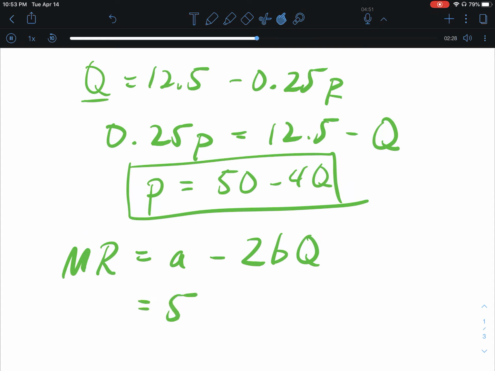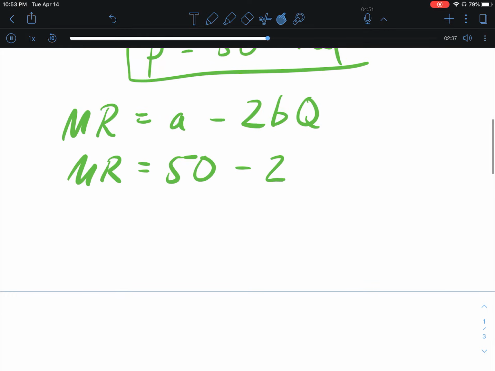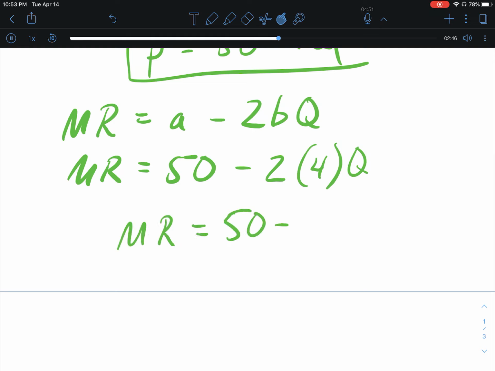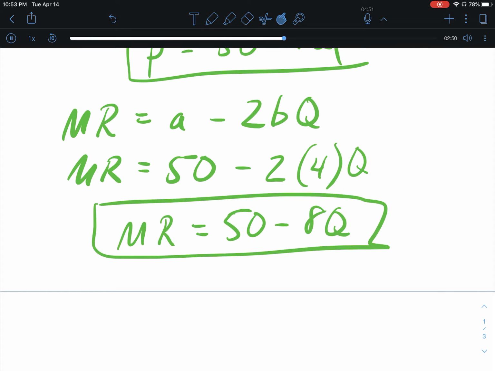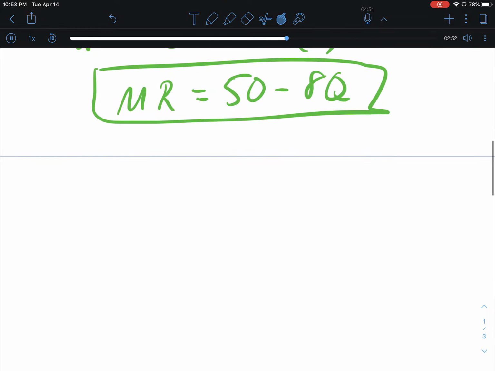A is going to be equal to 50, and B is our 4. So 50 minus 2 times 4Q. So marginal revenue equals 50 minus 8Q. Okay, and that is part A done.